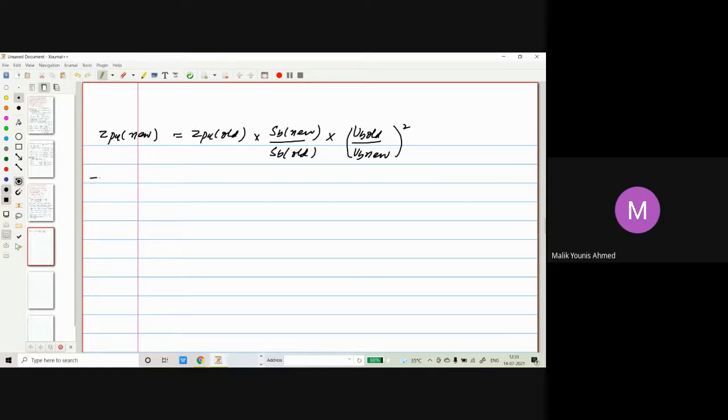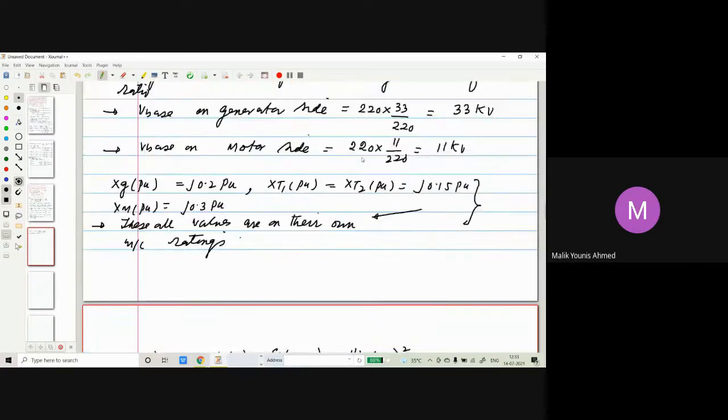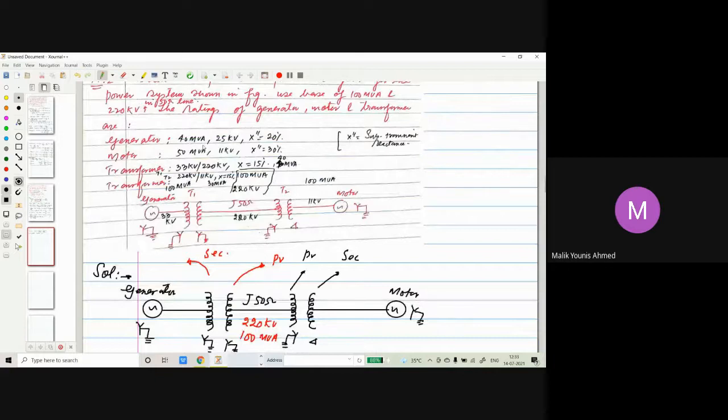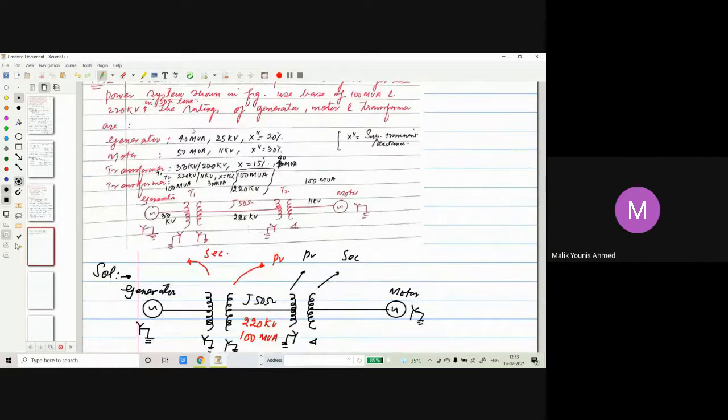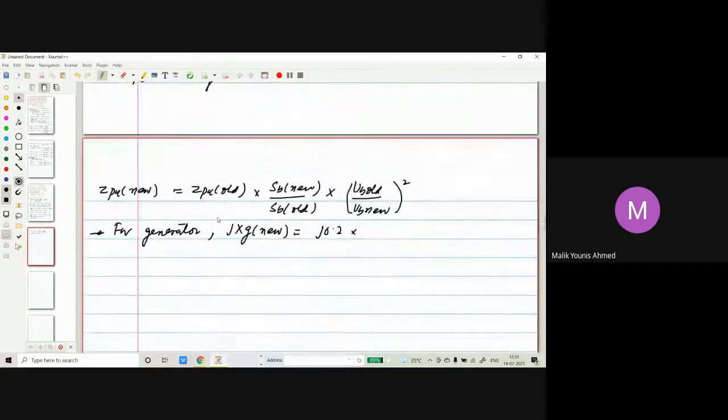Now first we'll go for the generator. jXG new is the old value of the generator, which we have just seen, 0.2, 20%, multiplied by S base new over S base old. On the generator rating, you can see S base new is this base value, that is 100 MVA, but old is 40. So 100 divided by 40, into V base old over V base new.